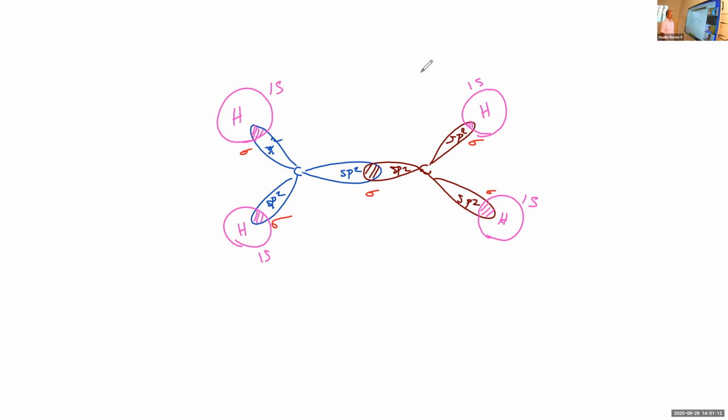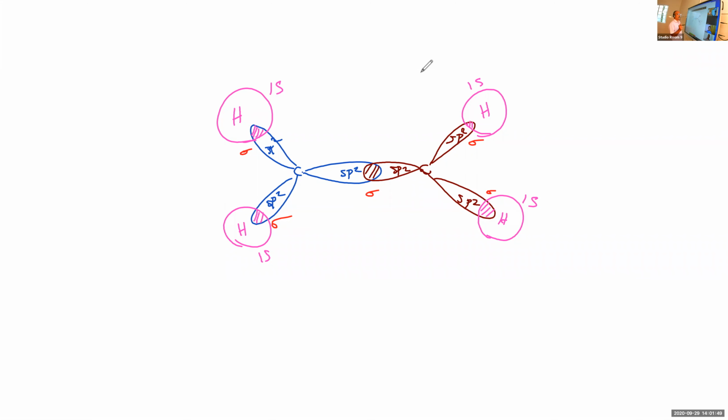Okay. Now, what about the unhybridized p orbital? All these atoms, both the carbon atoms and all the 4 hydrogen atoms, they are lying in the same plane, the plane of the board.